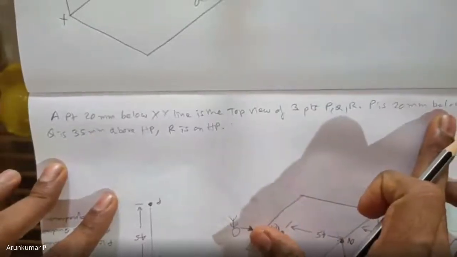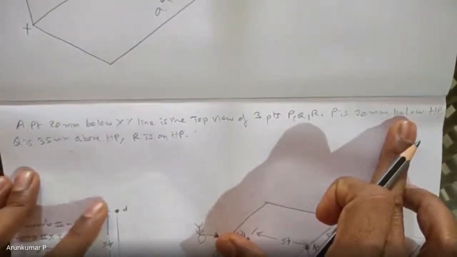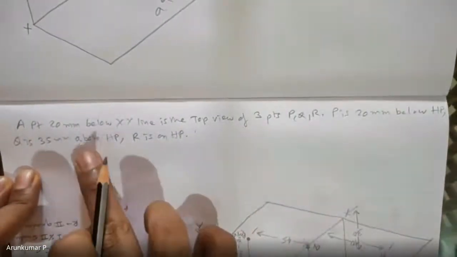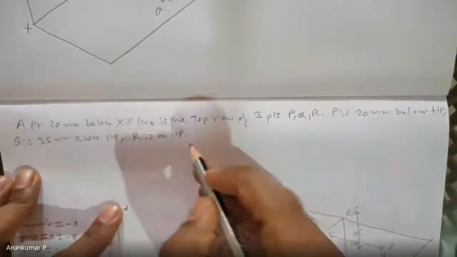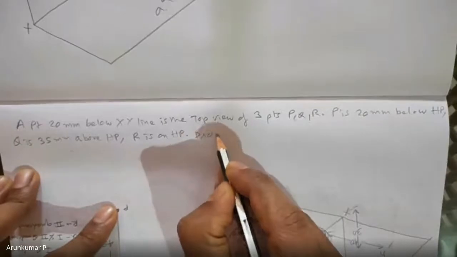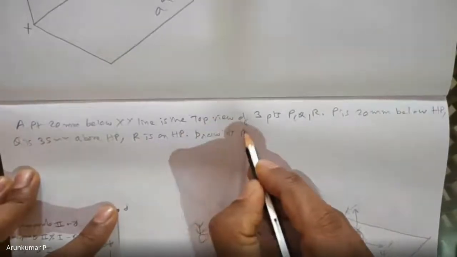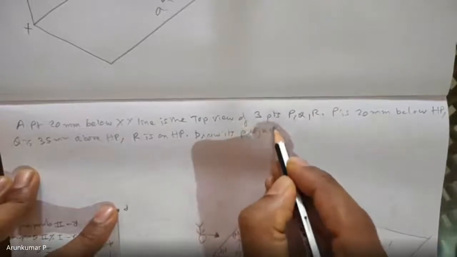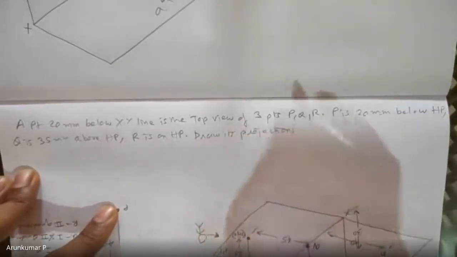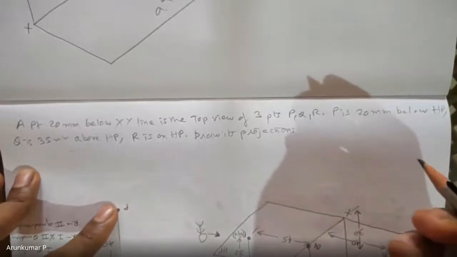P is 20 mm below HP. Q is 35 mm above HP. R is on HP. Draw its projections and state their positions.